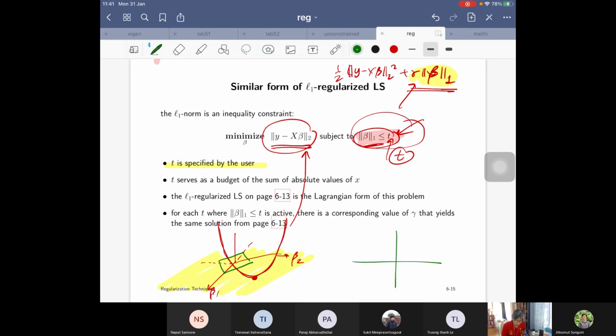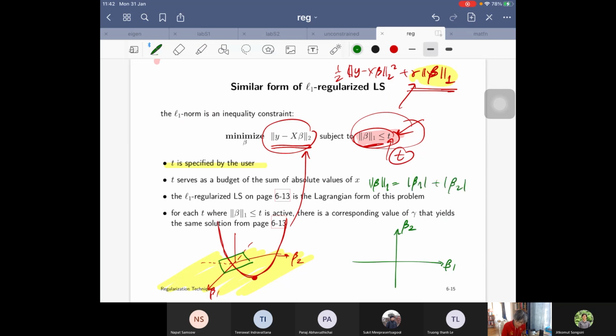Okay, so the L1 norm. If I restrict down to R2 space, the one norm of beta would be the sum of the two elements.